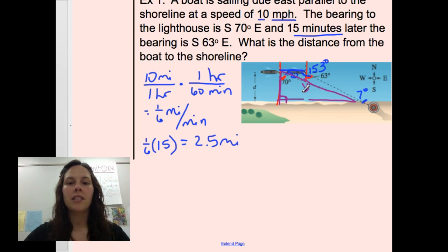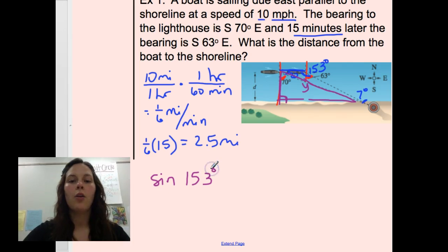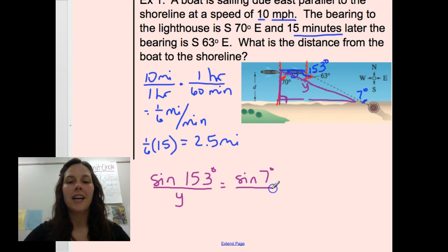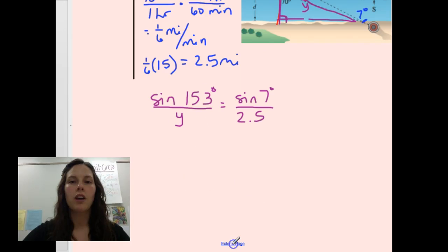So I'm going to start by setting up our law of sines. Sine of the angle, 153 degrees, over the side opposite it, which is what we're looking for, y, equals sine of 7 degrees over the side opposite, the one we just found, the 2.5 miles that the boat traveled.